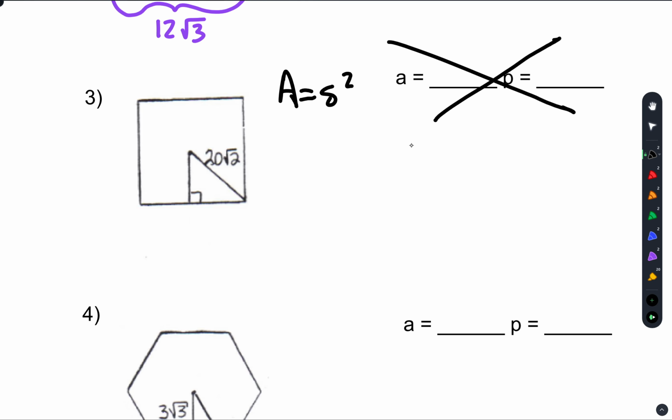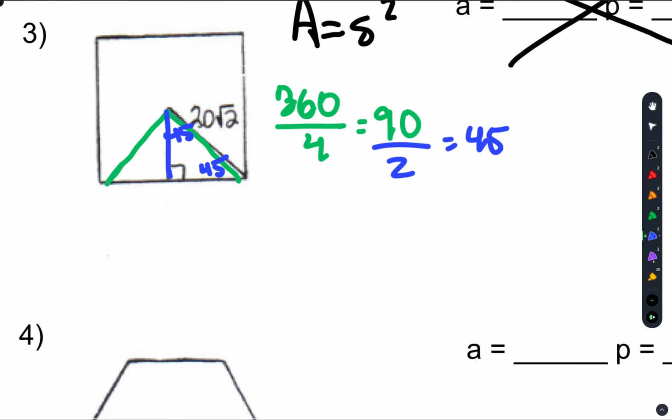In this square, I know that this splits into 4 different sections. So 360 divided by 4 is 90. I'm going to divide that in 2 with my apothem, which is 45. So this is a 45, 45, 90 triangle, which means I don't need to find the apothem. The apothem is not relevant in my square formula. But that other leg is 20 radical 2 divided by radical 2, which is 20.